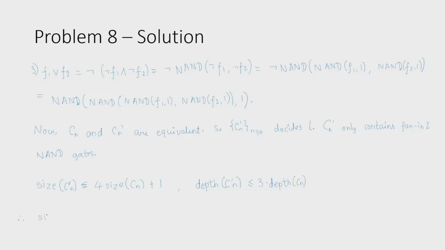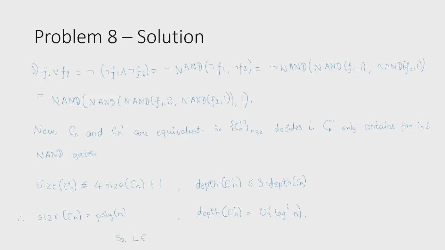Therefore size of C prime n is poly n, and depth of C prime n is order log to the i of n. So let me write over here.